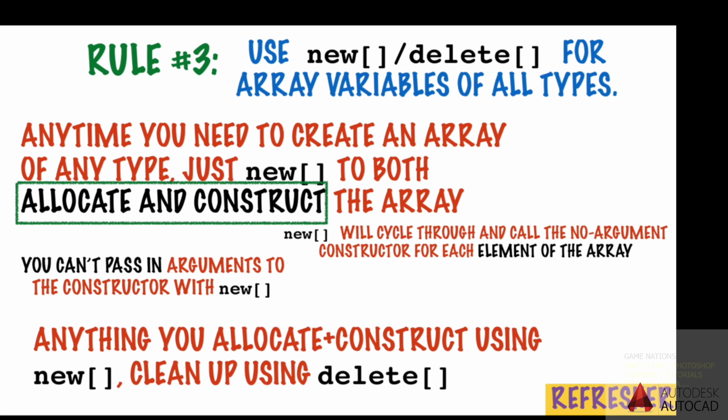You cannot call a constructor which takes in arguments by using the new keyword with square brackets. Once again, anything that you allocate using new with square brackets, you have to clean up using delete with square brackets. So these go together: new and delete, new with square brackets goes with delete with square brackets.